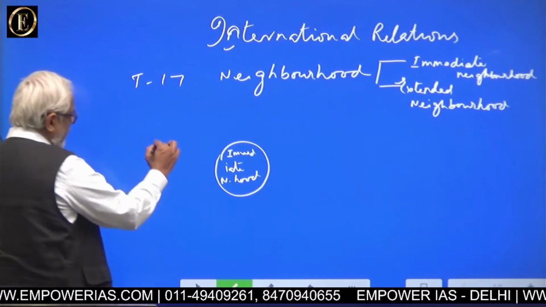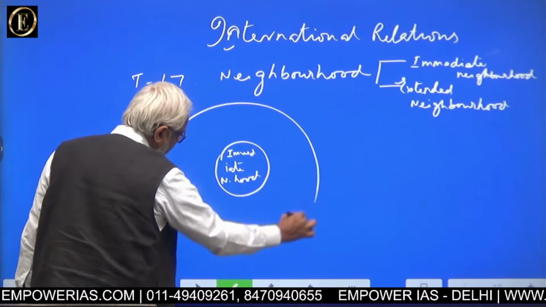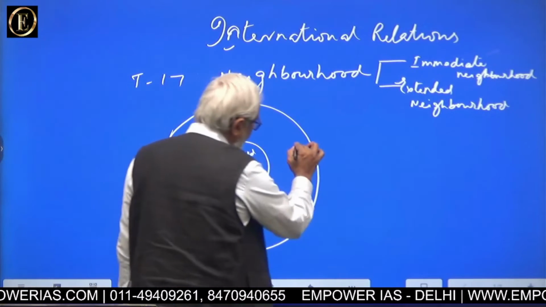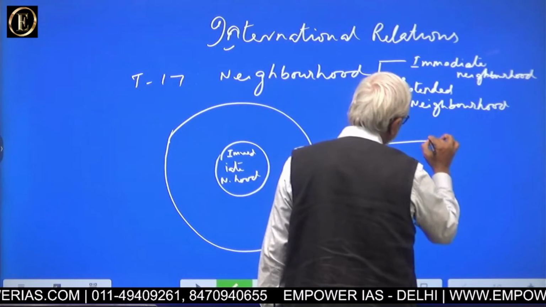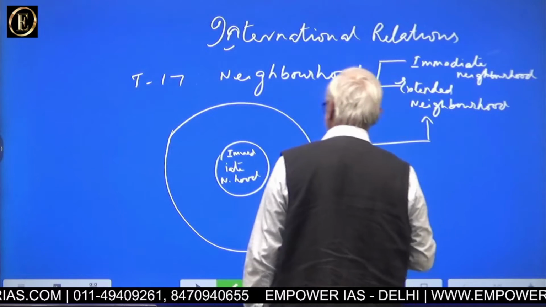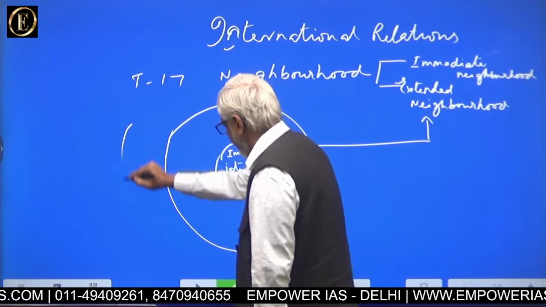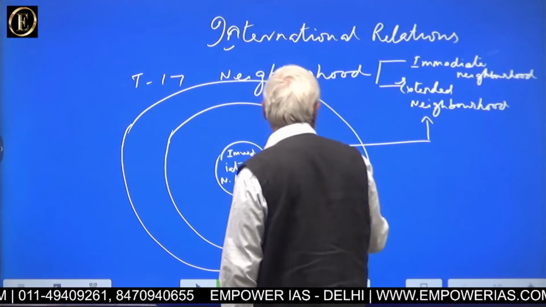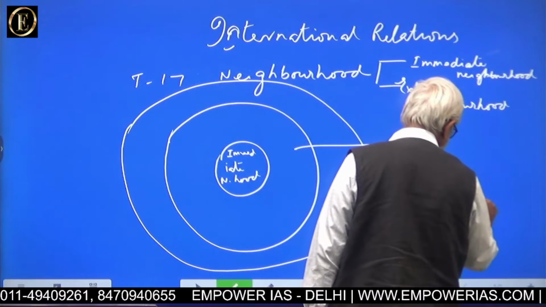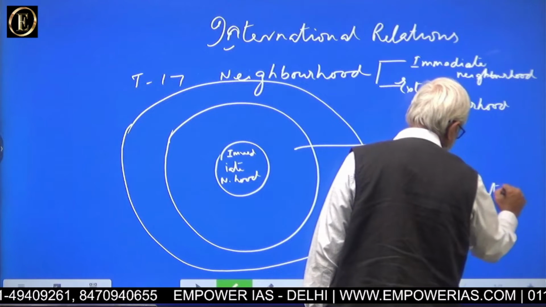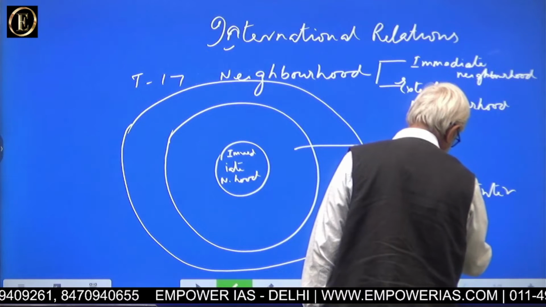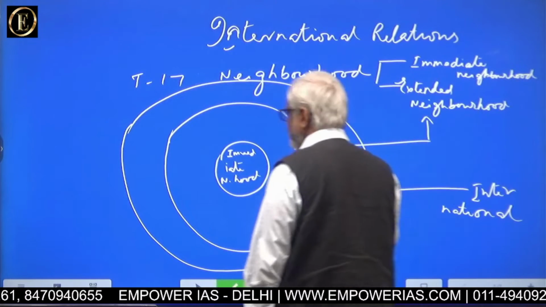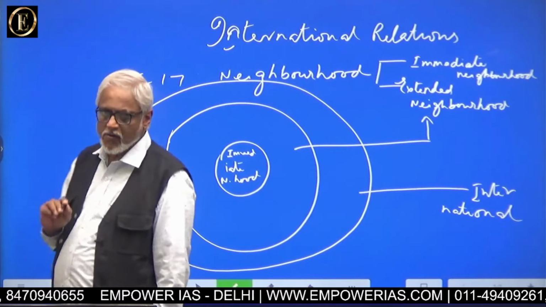And then let us make another circle around it. This can be said as extended neighborhood. Then there can be a third circle. This is international.